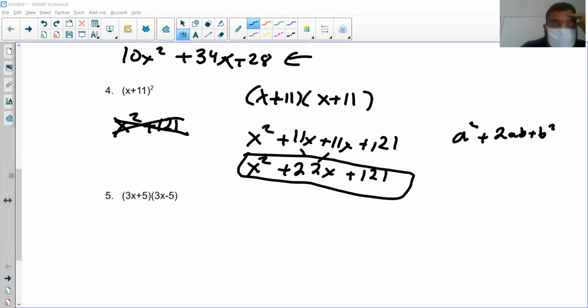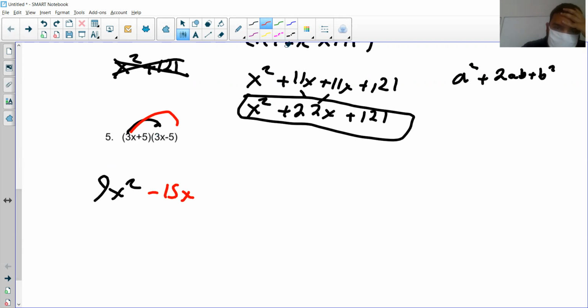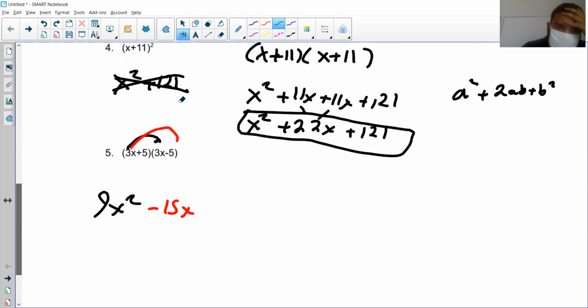All right, sorry about that. All right, last part, 3x plus 5 and 3x minus 5. Same thing, we're going to FOIL. This one has a special situation too. So 3x times 3x is 9x squared. 3x times negative 5 is negative 15x. 5 times 3x is positive 15x.